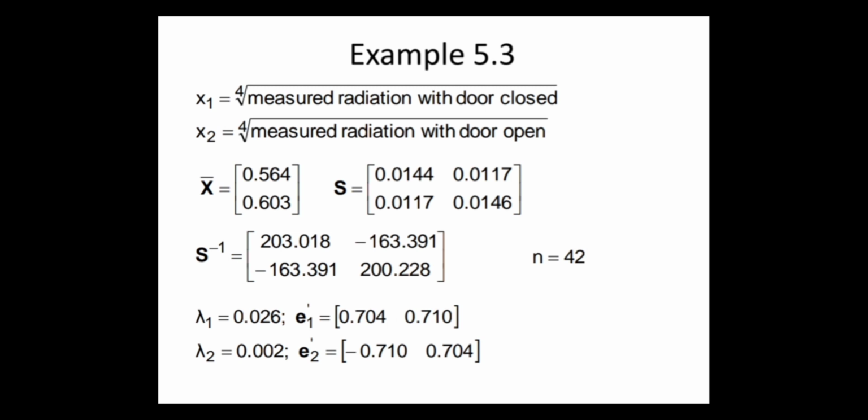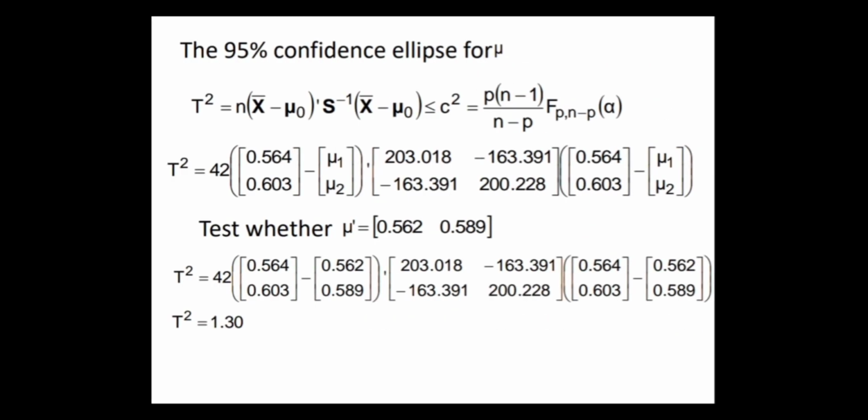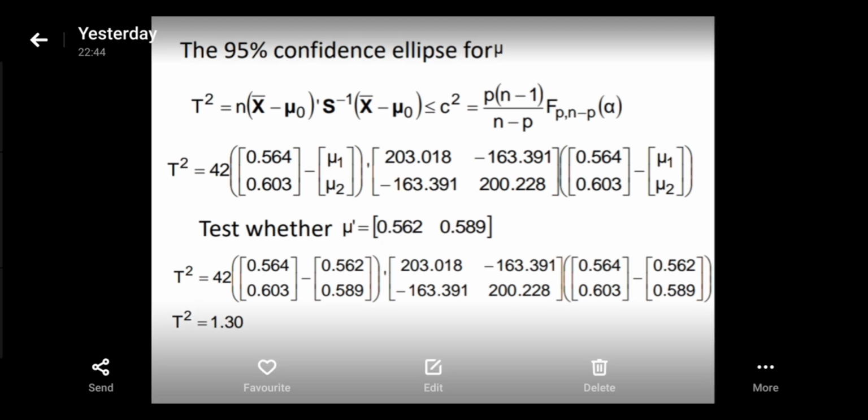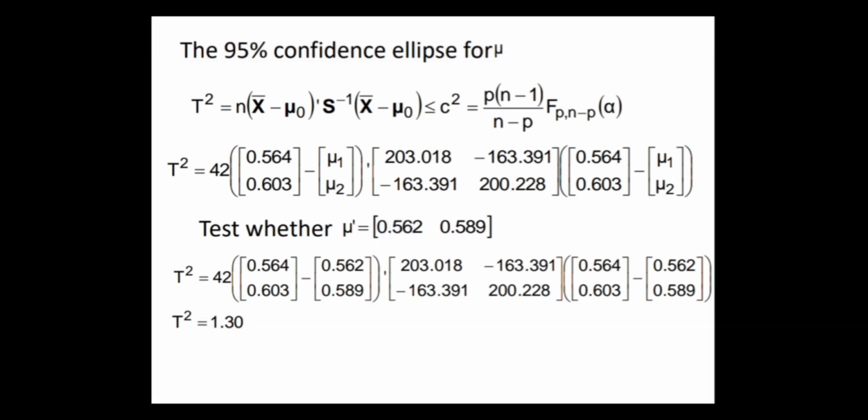Alright, so from here we want to know whether this mean, 0.562 and 0.589, lies in the confidence region of ellipse or not.